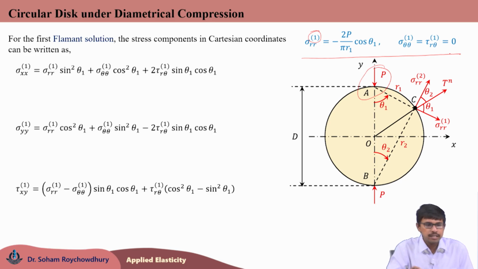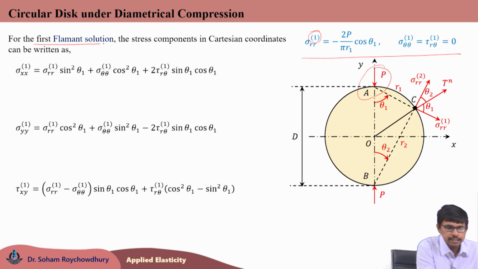Now, for the first Flamant solution case, we know that sigma theta theta and tau r theta, both of them for the first state of stress are 0.